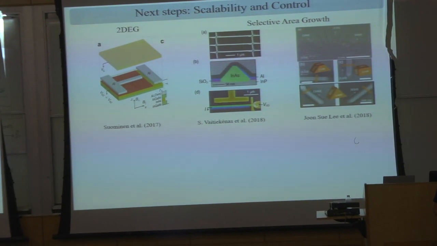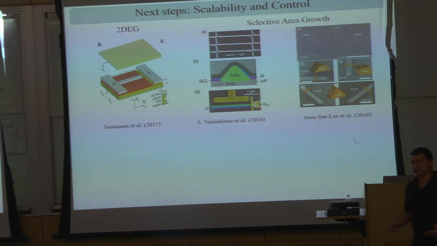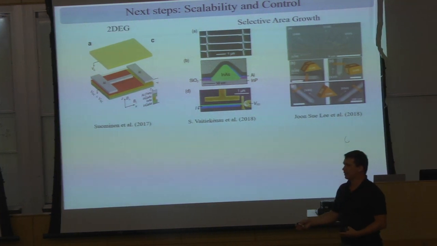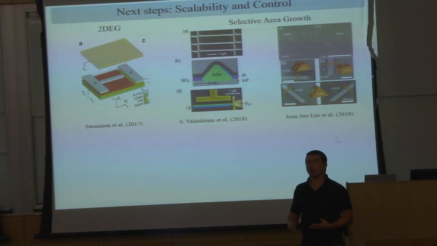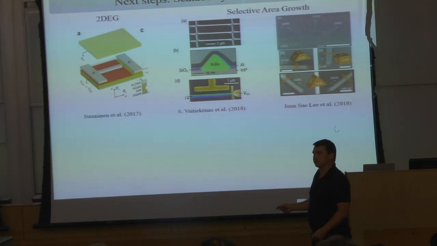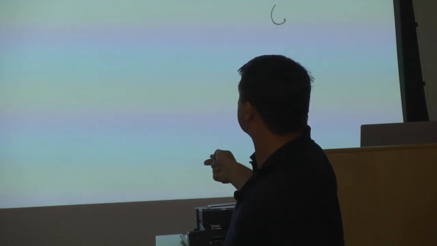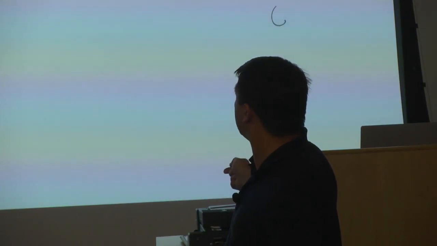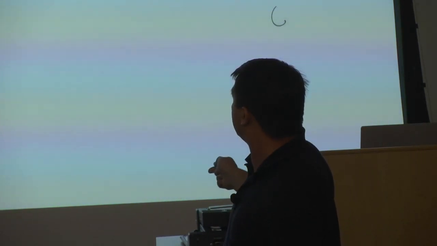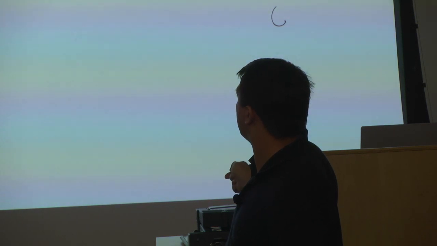So we can scale up this building of wires and use the selective area growth technique, in which we make trenches, and in these trenches we grow wires on demand. And so here's the data showing that we can do it. So this is the lattice. This is a network of one-dimensional wires made of indium arsenide, and this is how the wire looks like.